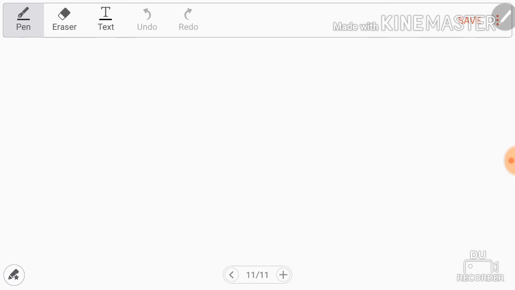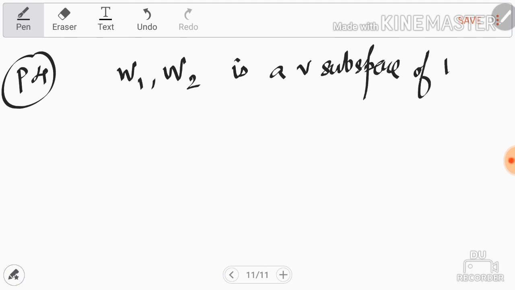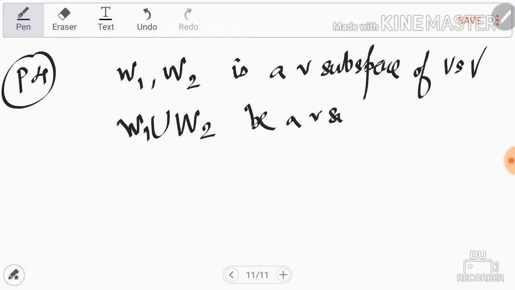But another question arises. If W1 and W2 are vector subspaces of a vector space V, can W1 union W2 be a vector subspace?